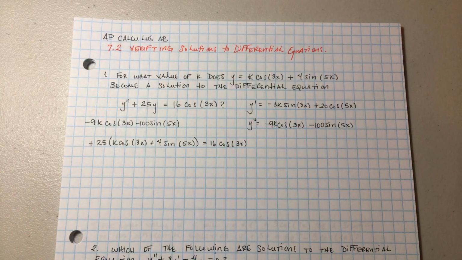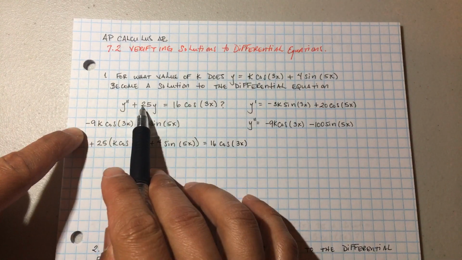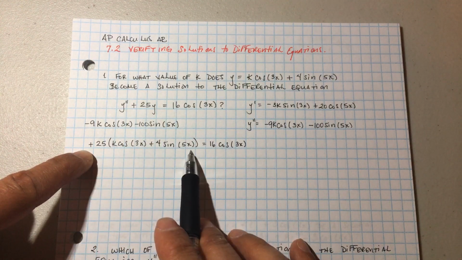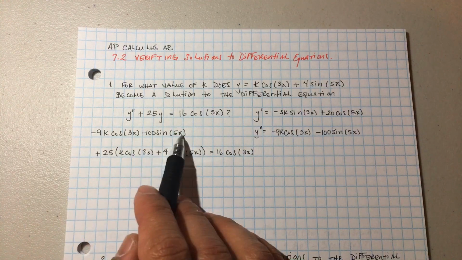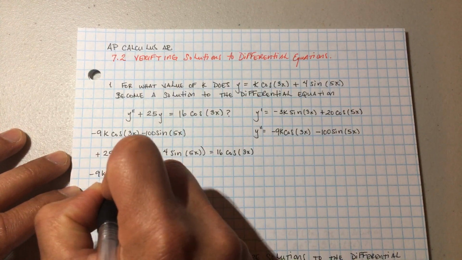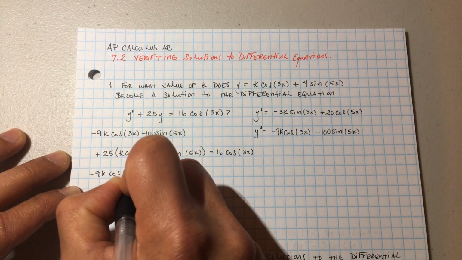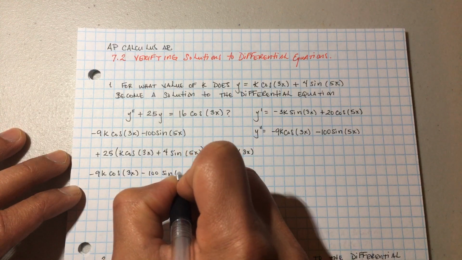Cool. So we're going to do our algebra now. So y double prime is right here, plus 25 times all of this, y, equal to this. So let's see here. Nothing I can do here. I'm going to distribute the 25. So let me rewrite the negative 9k cosine of 3x minus the 100 sine of 5x.